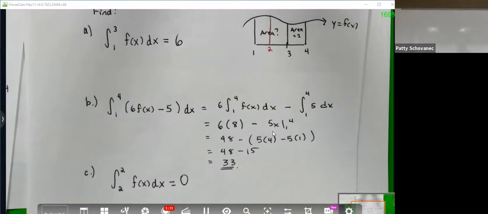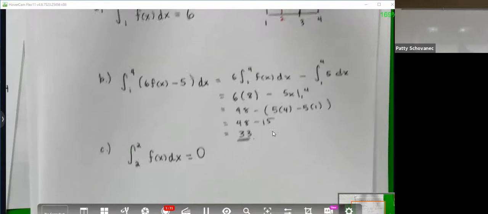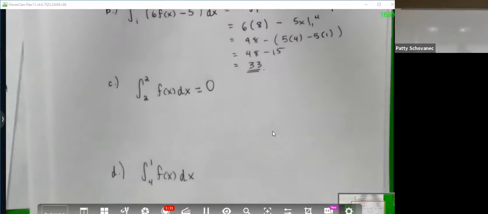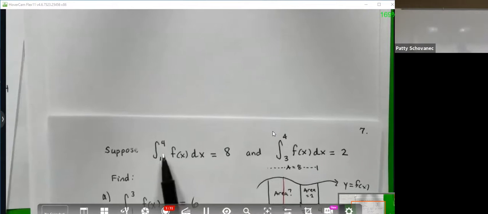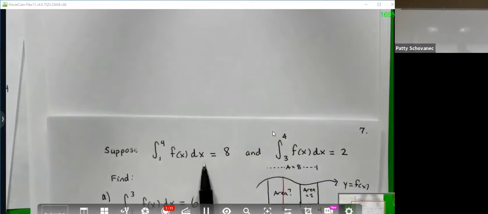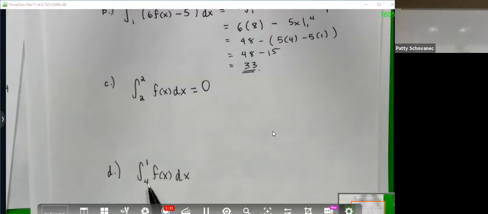All right, I forgot to write one of the properties of the definite integral down for you. Let's see if you know intuitively what it would be. I've integrated this function from 1 to 4 of f of x dx and got 8. And I want to know what happens if I integrate from 4 to 1. Think about it in terms of a Riemann sum.